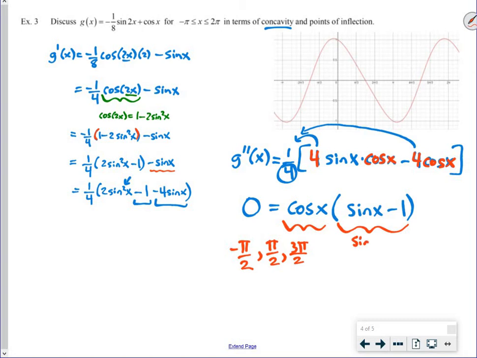And then sine x minus 1 equals 0, and sine x equals 1. So sine x equals 1 on the interval from minus pi to 2 pi when x equals pi over 2, right, which has already been accounted for here. So our points of inflection should be here, here, and here.